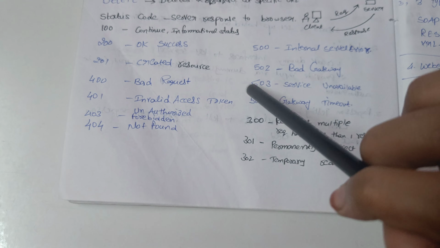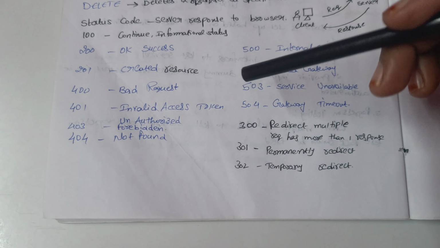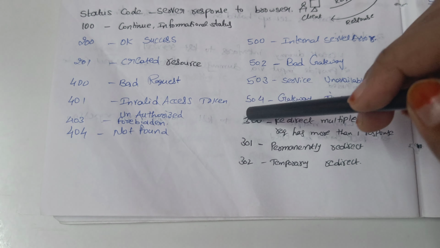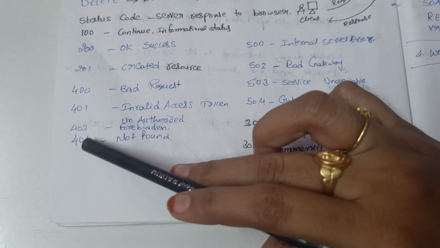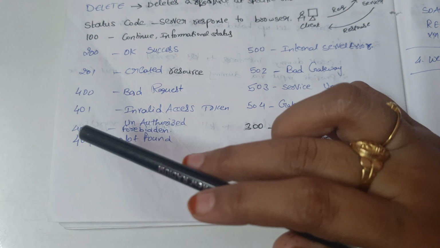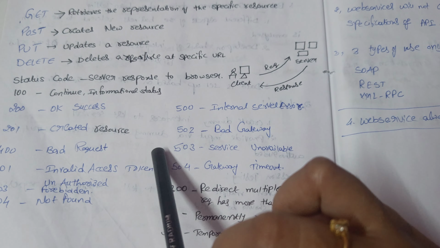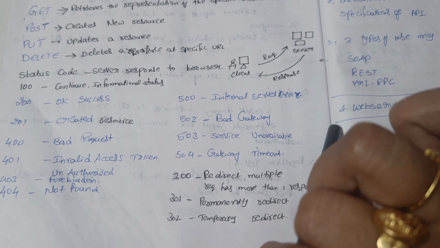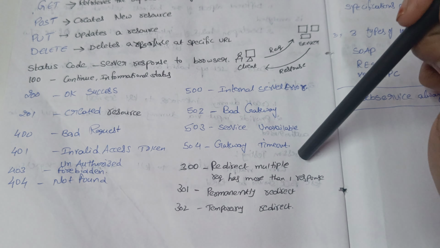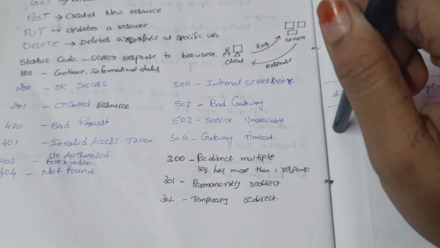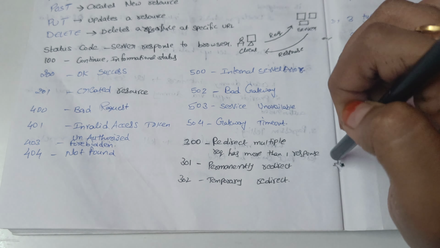If we have forgotten to provide a username and password and we try to access that URL, we will get the 401 invalid access token error. 403 is forbidden, 404 is not found, 500 is internal server error, 502 is bad gateway, 503 is service unavailable, and 504 is gateway timeout. The 300 codes are redirection, where multiple requests have more than one response. One is permanently redirected, another is a temporary redirect of that particular URL.